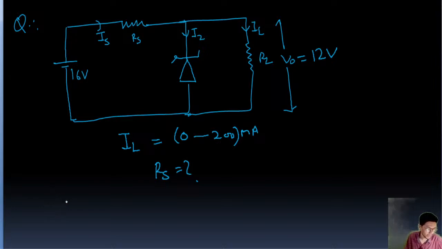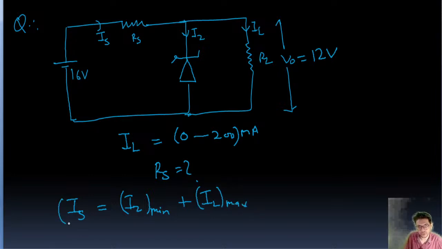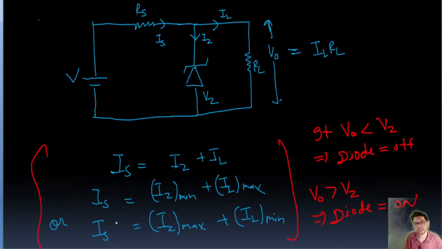So here we know, guys, I have already explained this one. IS maximum is going to be IZ minimum plus IL maximum. I have already explained this: IS is IZ maximum and IL max.